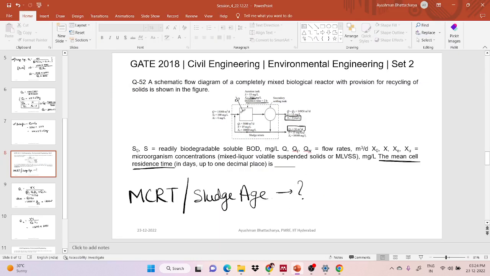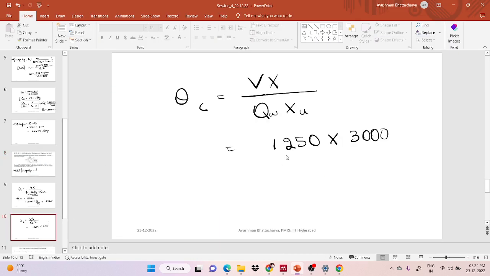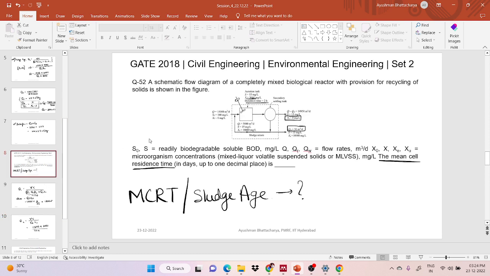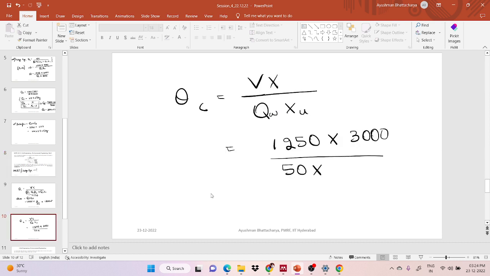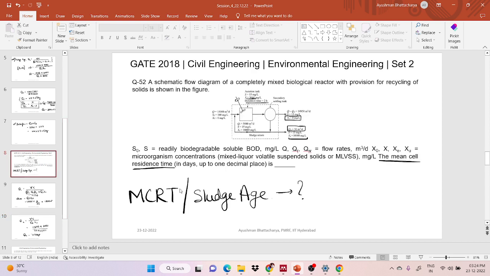So QW is 50 and XU is around 10,000. So you will get sludge age as 7.5 days once you solve this. So this was the question of sludge age. So you got 7.5 days.